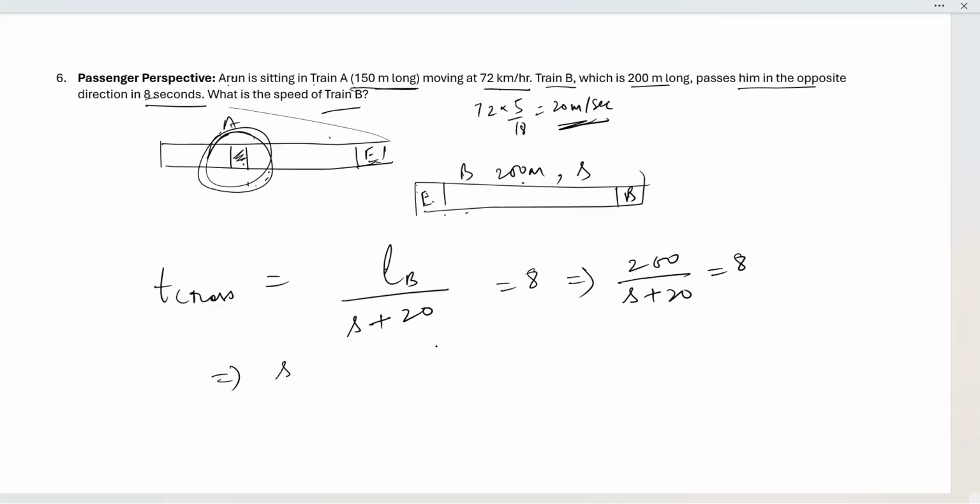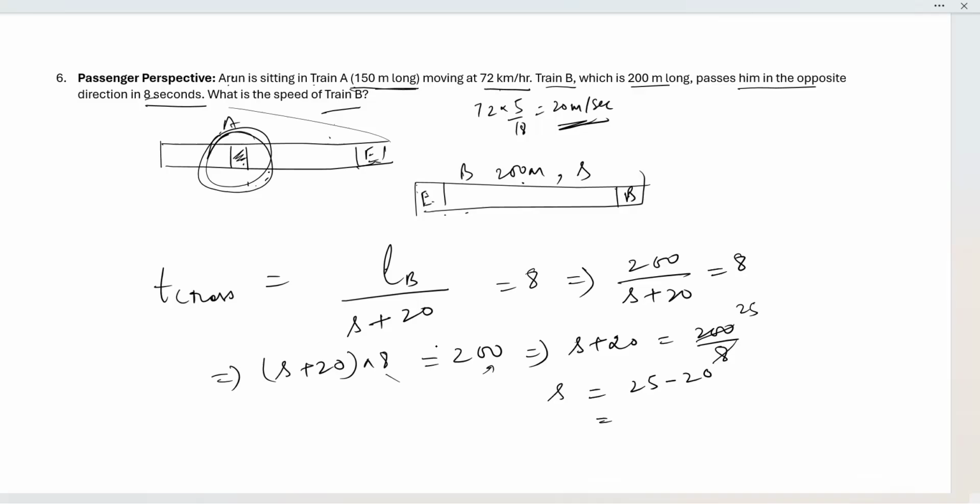This becomes s plus 20 into 8 is equal to 200. This 8 goes down in the denominator. s plus 20 is equal to 200 by 8. This is 25. s is equal to 25 minus 20. This comes out to be 5 meter per second.